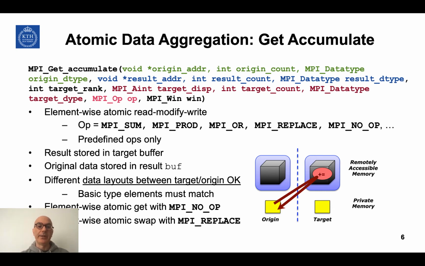The original data is stored in the result buffer. Different data layouts between target and origin are also okay, but the basic type elements must match. We can use get accumulate to do an element-wise atomic get if we use MPI_NO_OP. Also, we can use MPI_Get_accumulate for doing an element-wise atomic swap with MPI_REPLACE as the operation.